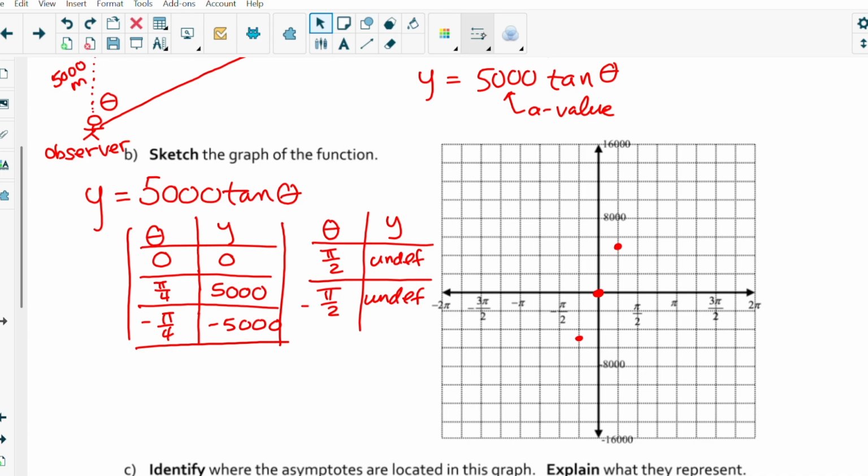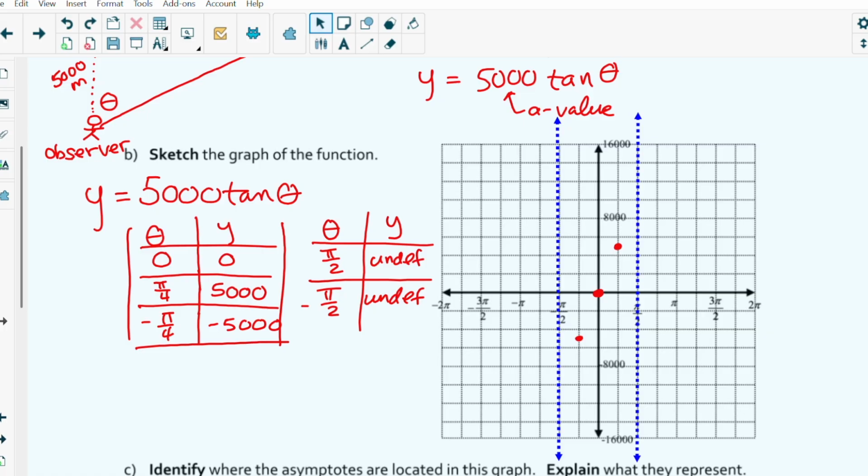So let me draw on some asymptotes, folks, in blue, at pi over 2, and at negative pi over 2.